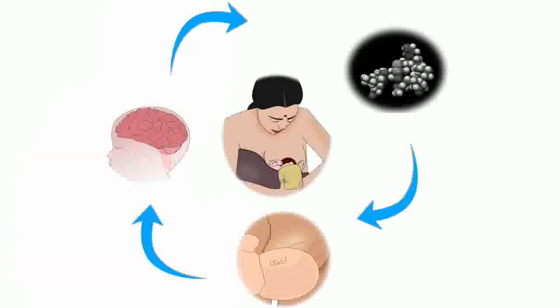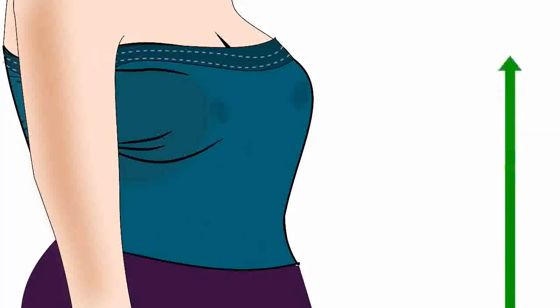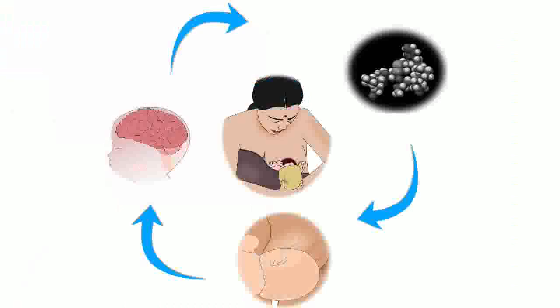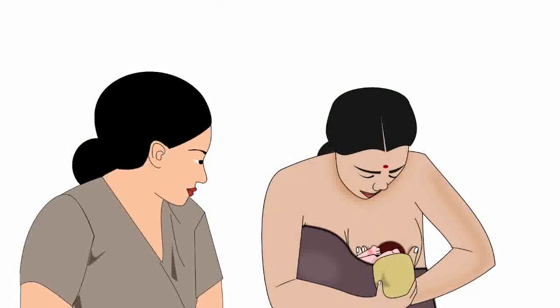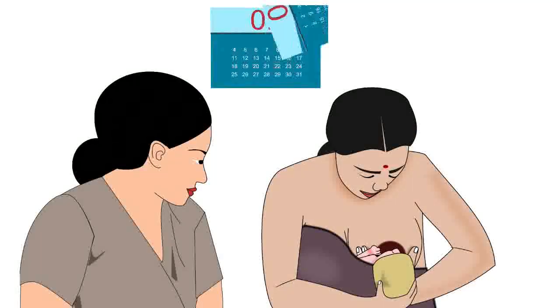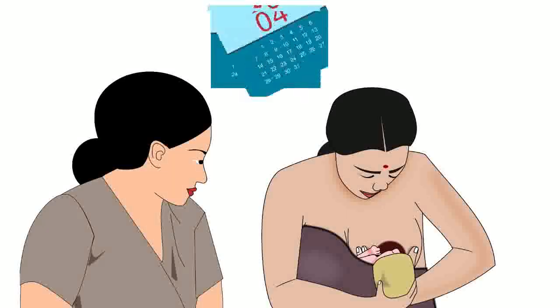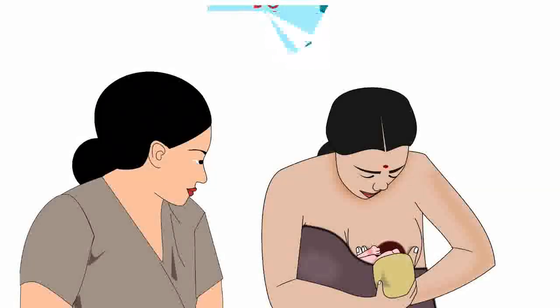It improves the letdown reflex and ultimately increases the breast milk production. Letdown reflex has been explained in another tutorial of the same series. The second component is exclusive breastfeeding. Note that exclusive breastfeeding is recommended for the first 6 months.